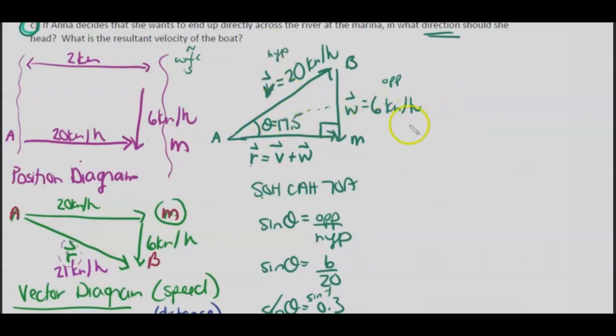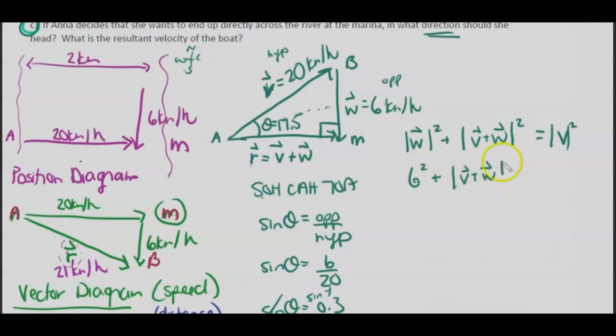Now if we have vector W and vector V, and we want to find the resultant vector, we're going to have 6 squared plus the magnitude of vector V plus vector W squared equals 20 squared.